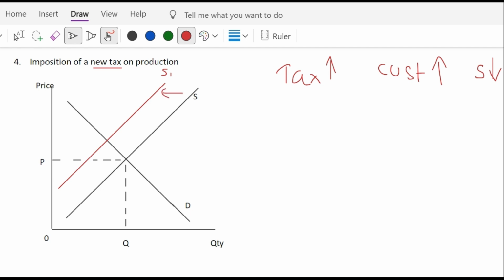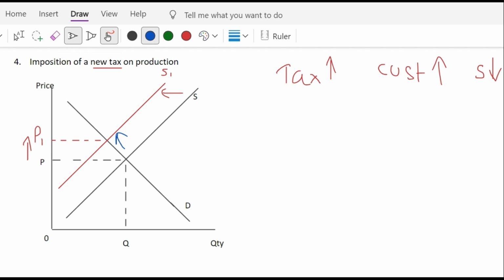This decrease in supply will lead to an increase in equilibrium price from P to P1, as you can see here. And in this case, since it's an increase in price, there is a contraction in demand. Now, what will happen to quantity traded?